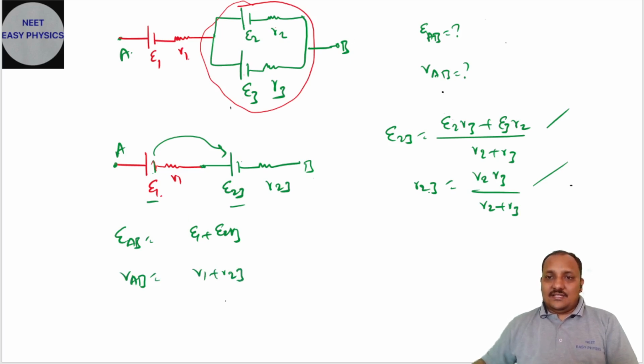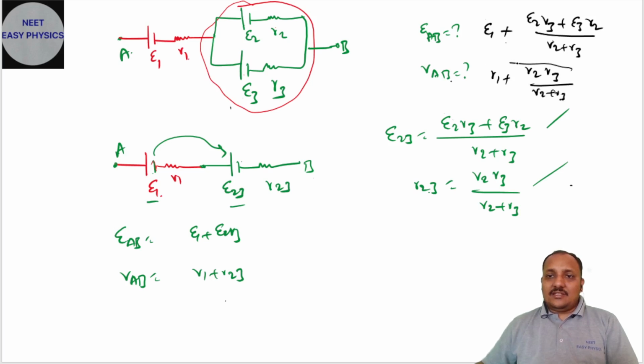Now, the final answer: EAB is equal to E1 plus E23, that is E2R3 plus E3R2 by R2 plus R3. RAB is R1 plus R2R3 by R2 plus R3.